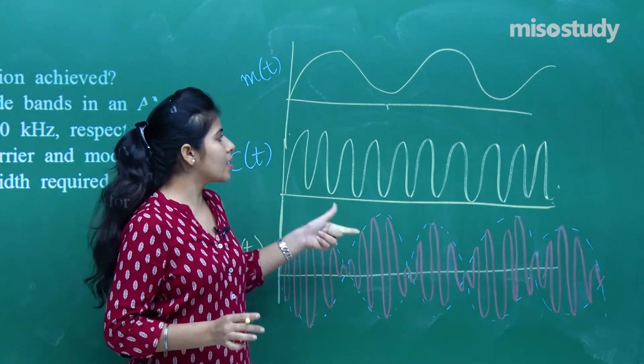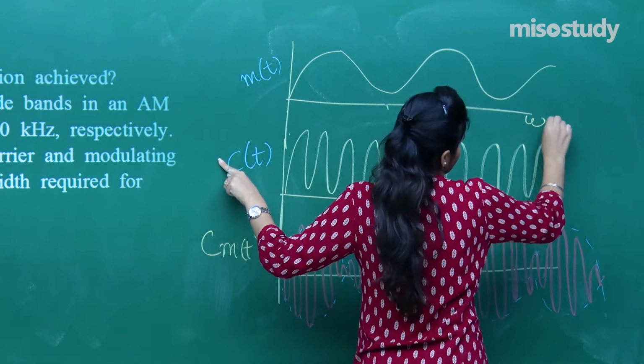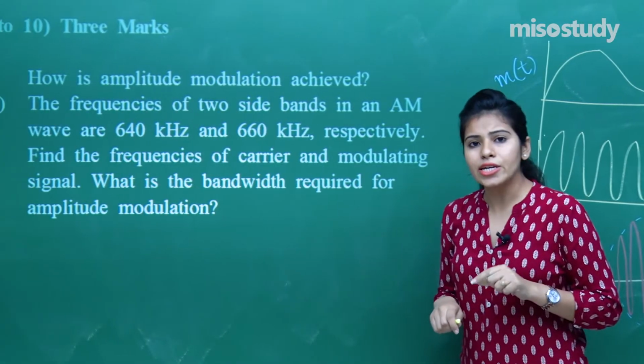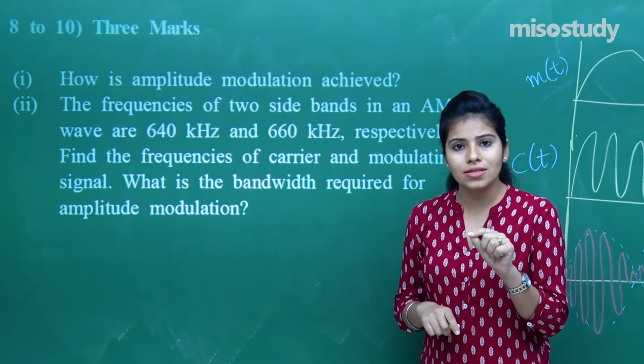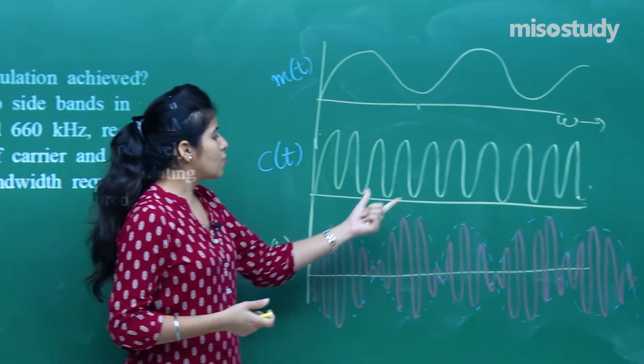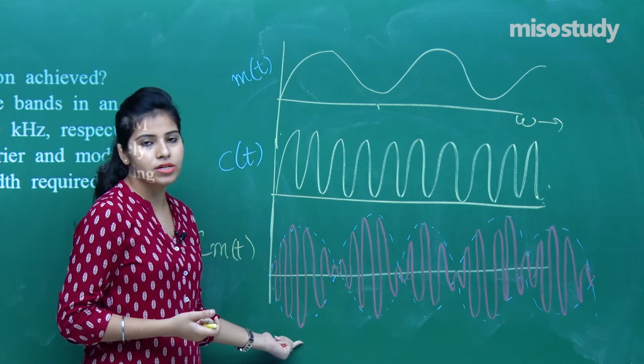So this is the diagram that you can show while explaining the answer, and directly you can add 2 lines, that when we superimpose the modulating signal with the higher frequency carrier wave, we will get the amplitude modulated wave.